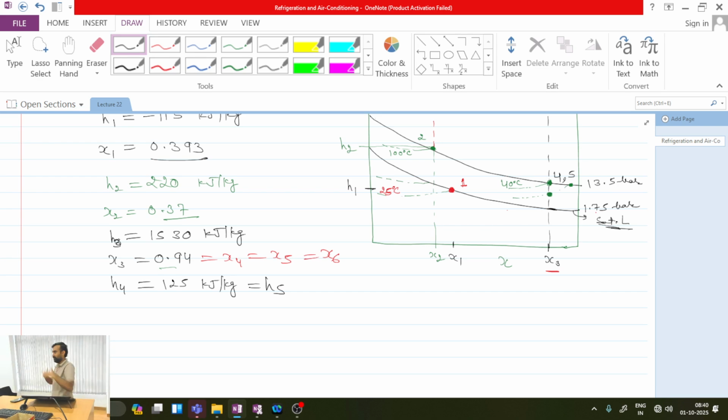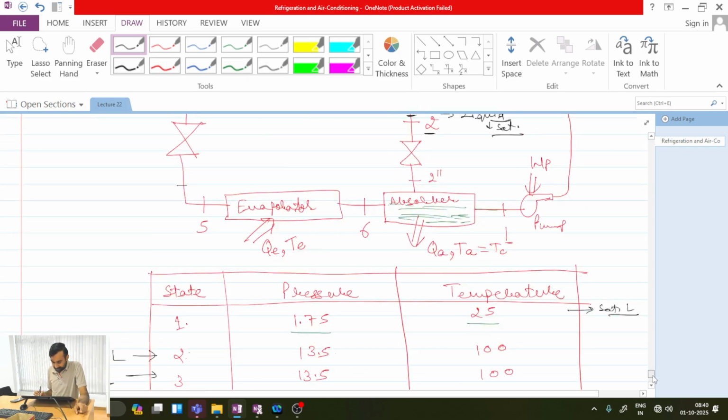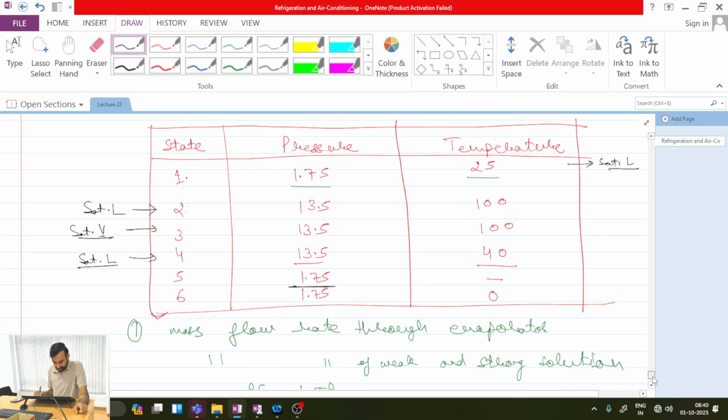It will be the two-phase region. So one interesting fact we have come to know is that state 5 is nothing but liquid plus vapor. Anyone is having any doubt about this? Please tell me.